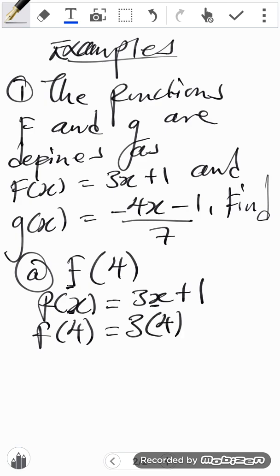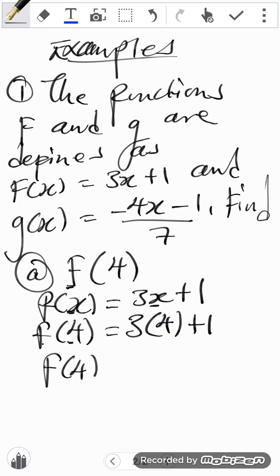Then write what will follow after x, which is plus 1. You see? Don't forget this point. In f of x equal to 3x plus 1, where there is x, they are putting x. But in f of 4, where there is x, we're plugging in what? 4. Then we simplify the function.